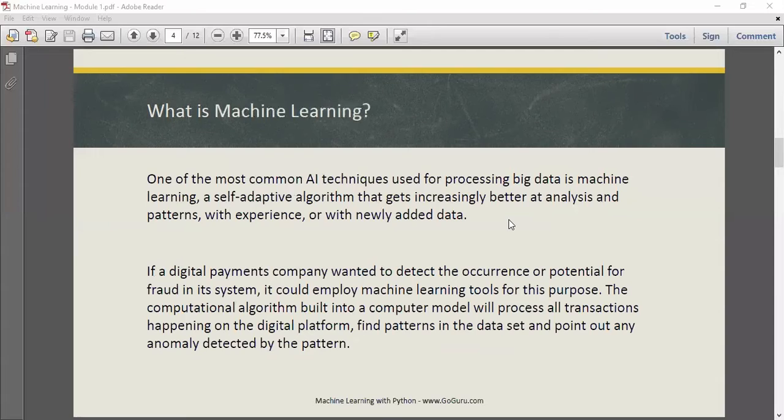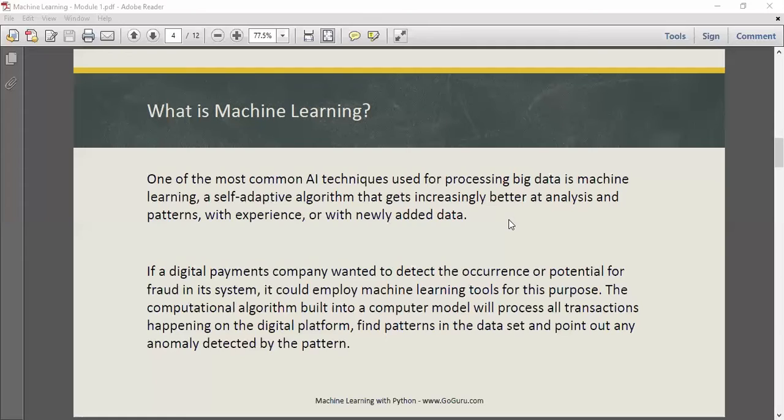Now we'll go on to what is machine learning. So machine learning is actually an AI technique that is used for processing big data. When I say big data, how big it could be? Previously, we were talking in terms of kilobytes, and then we moved on to MBs, and then we moved to GBs. This is like terabytes or a couple thousand terabytes. So that is what big data is.